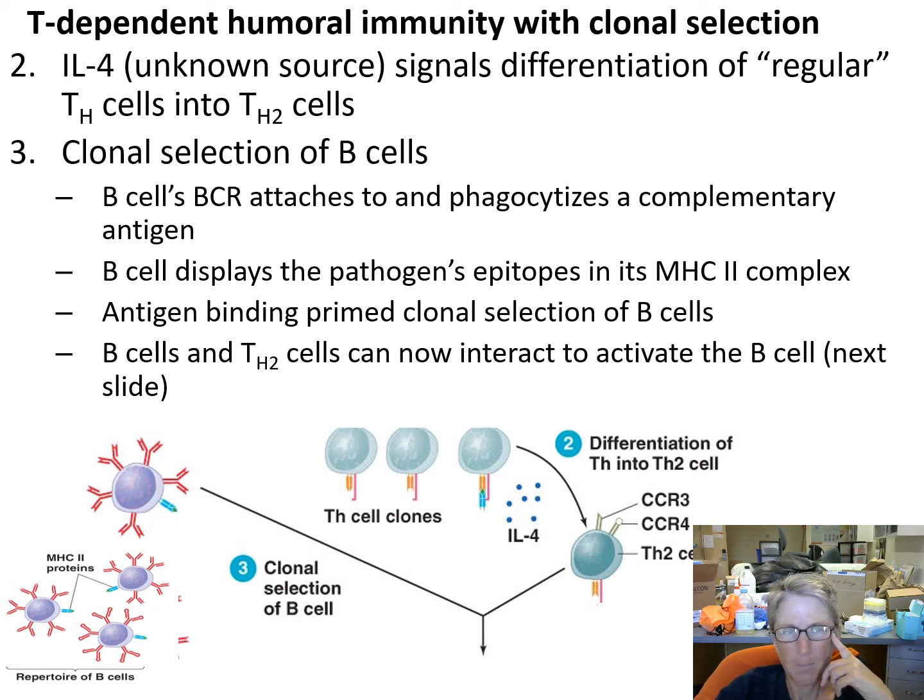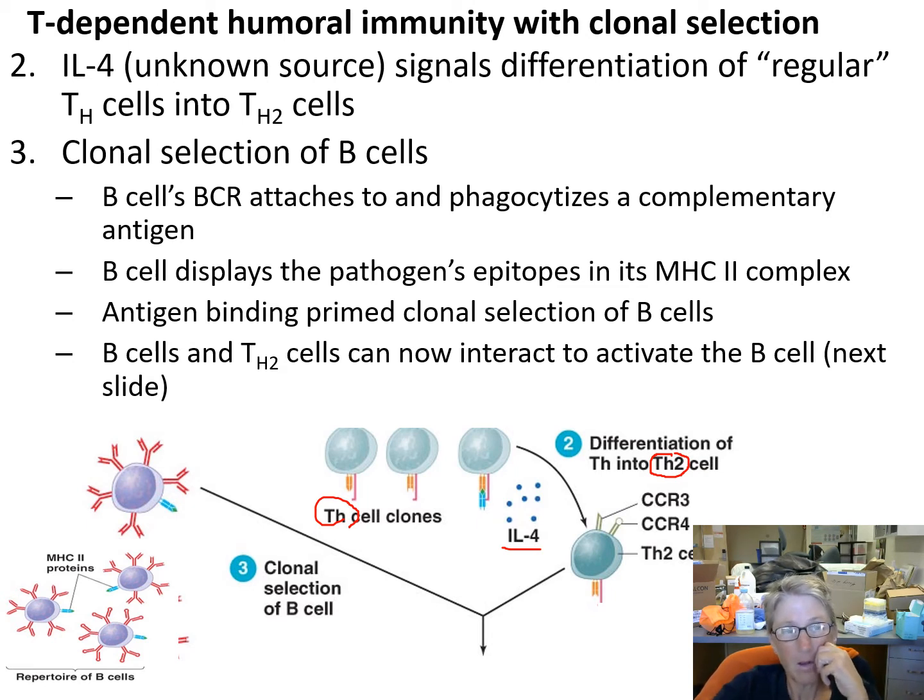Okay. So in this cartoon, they don't know where the IL-4 comes from, but the IL-4 signals differentiation of these helper T cells into helper T cells phase 2, or helper T2 cells.